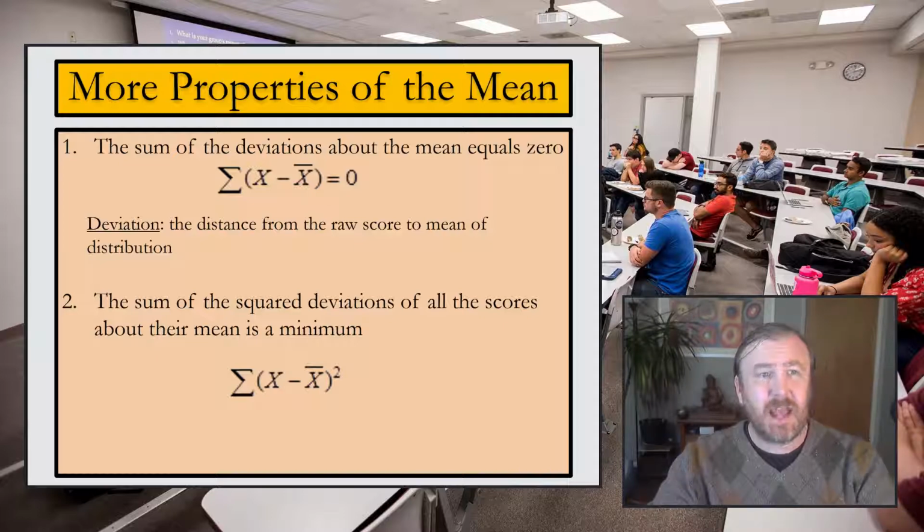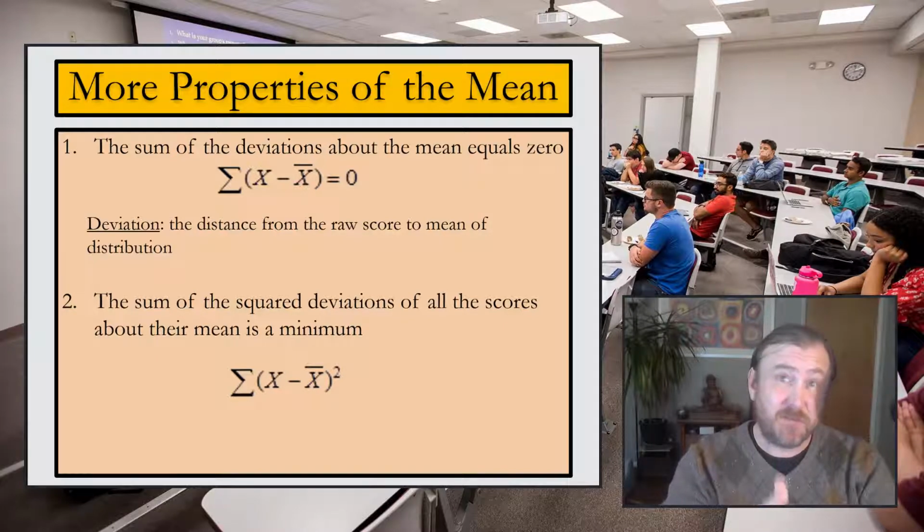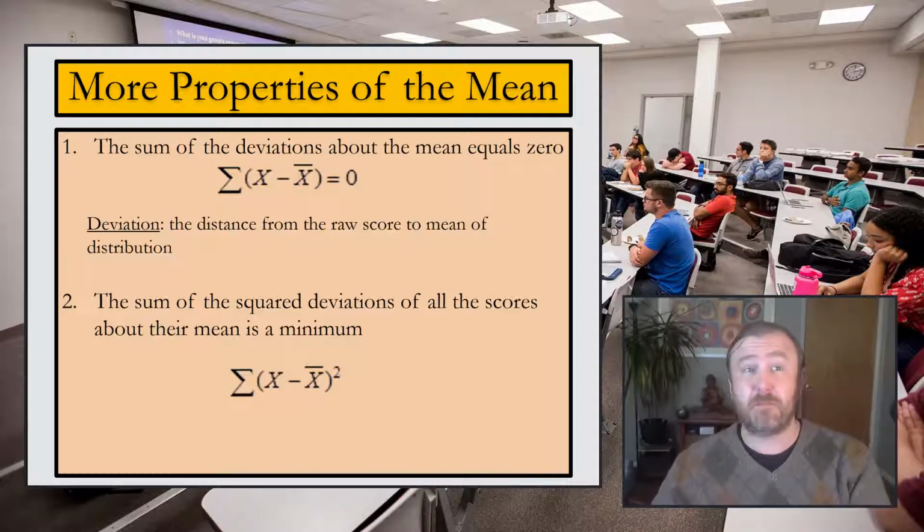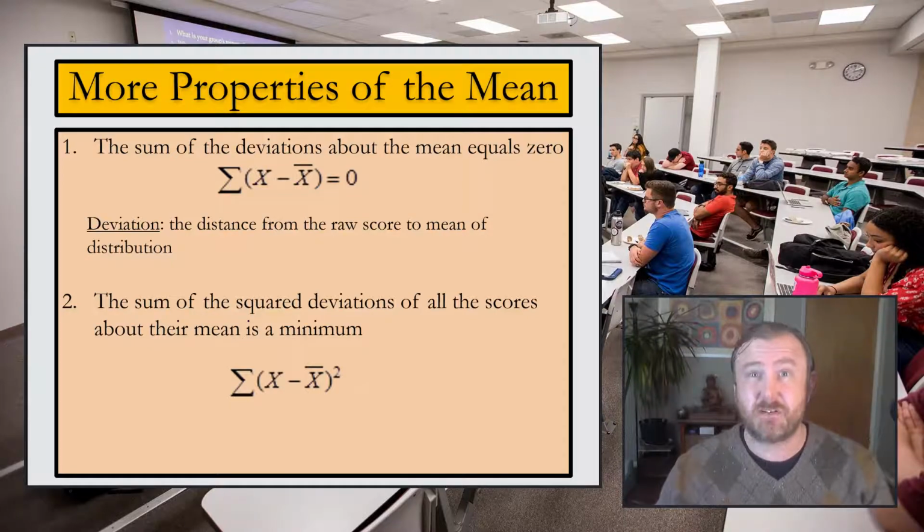Okay, so again, the key features of the mean are that the sum of the deviations about the mean equals 0, right? So that is essentially the definition of the mean, that the differences below and the differences above cancel each other out.